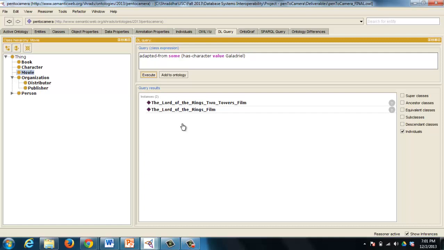So such queries and more can be done on this kind of an ontology using SQL queries or SPARQL queries. And a lot of information can be inferred from these ontologies.